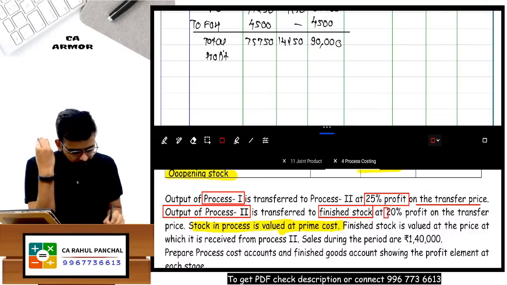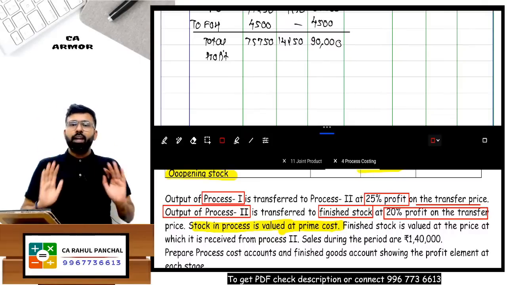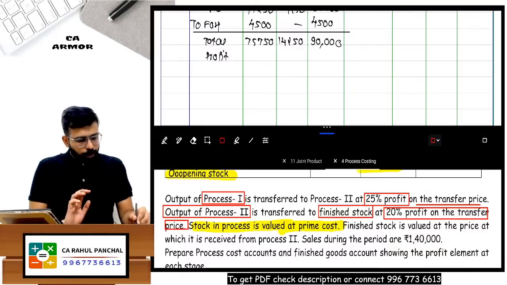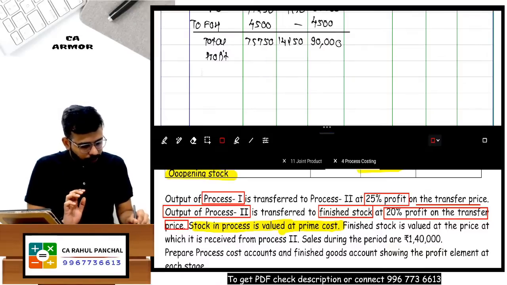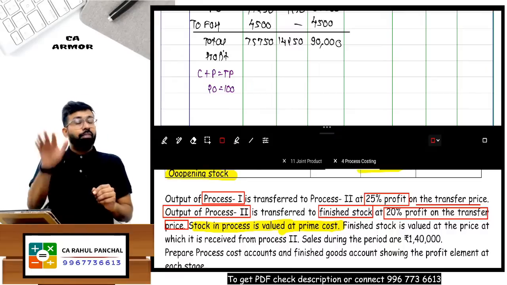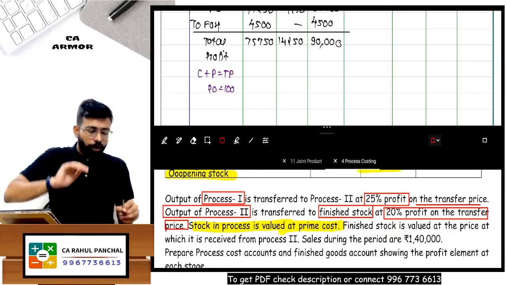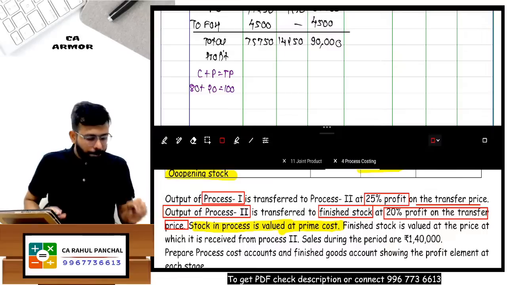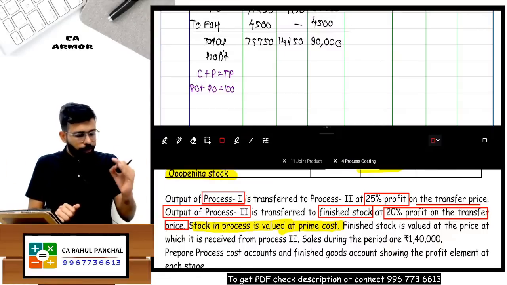It is adding 20% profit on transfer price. Cost plus profit is equal to transfer price, so profit is 20% on the transfer price. If transfer price is 100, it has a profit of 20, and your cost will become 80.